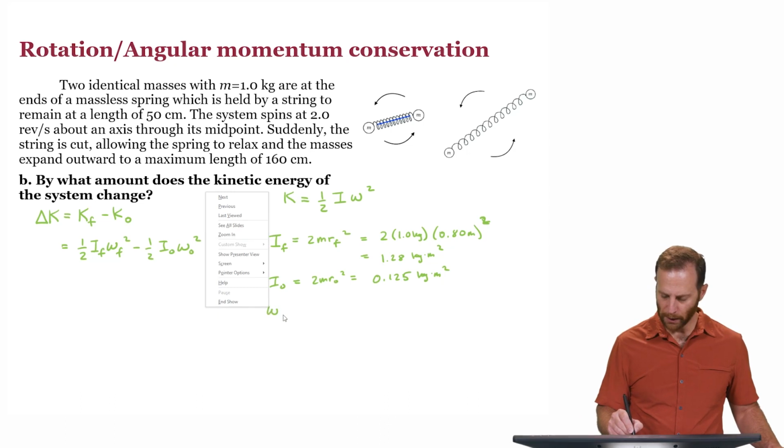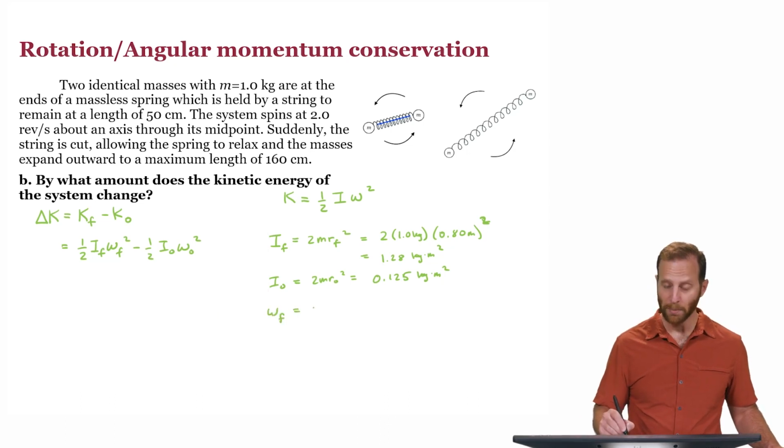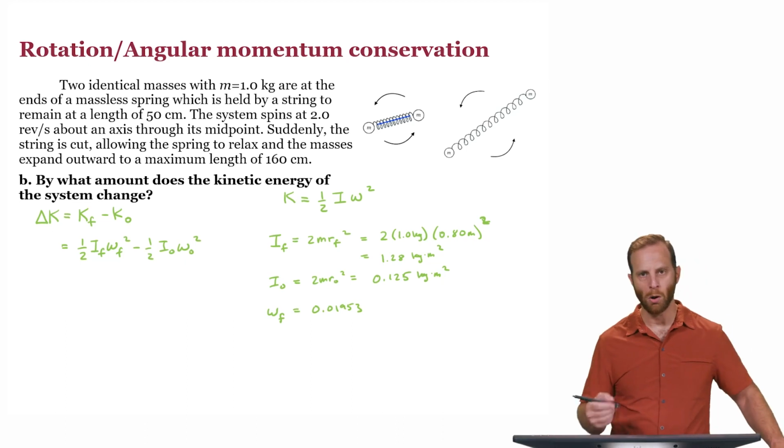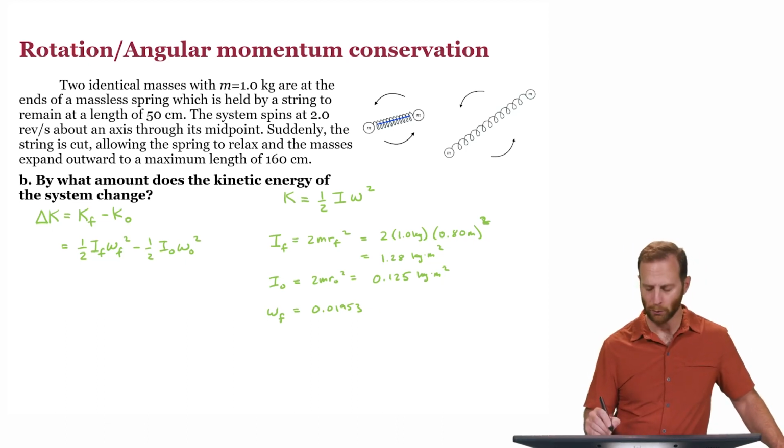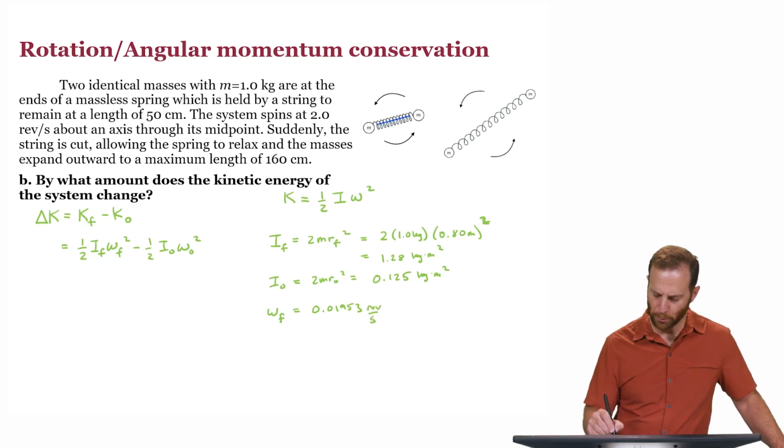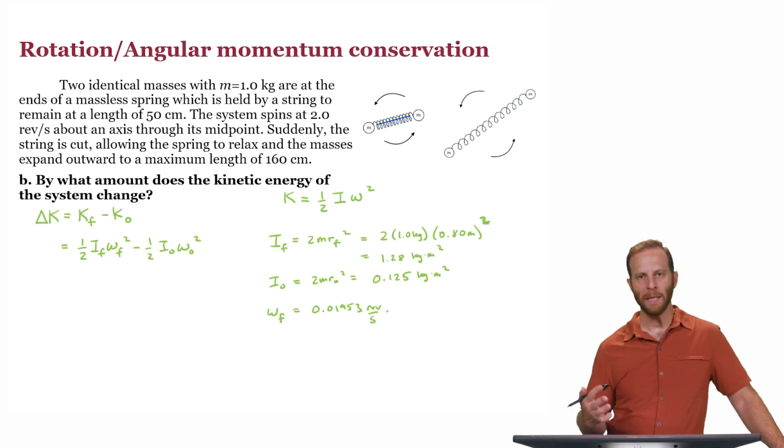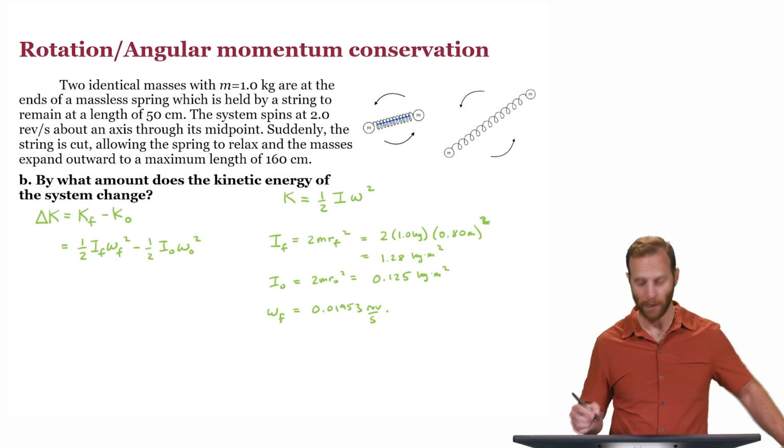The final angular speed is something that we determined to be 0.01953. Notice I want to use all of those digits before I do my final rounding. Revolutions per second. At this point, I need to convert my angular speed into radians per second if I'm going to compute anything else with that.